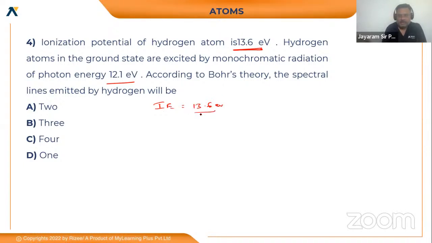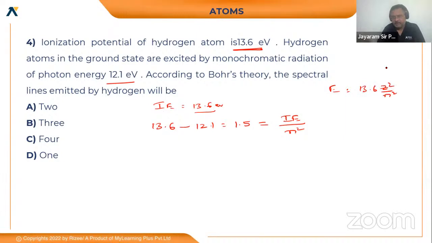There is definitely an excitation from 13.6 to 12.1, which means the energy difference is 1.5 electron volts, and this energy is equal to the ionization energy by n square, that is 13.6 by n square. Energy E is equal to 13.6 into Z square by n square.